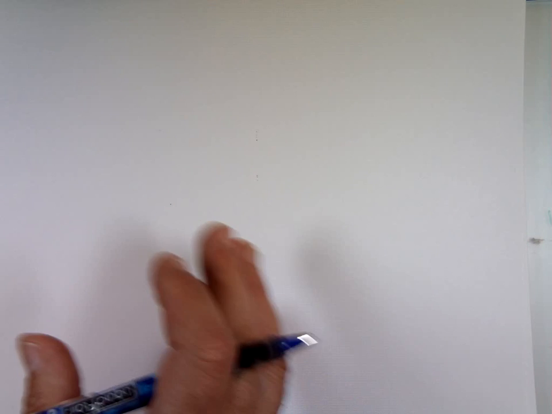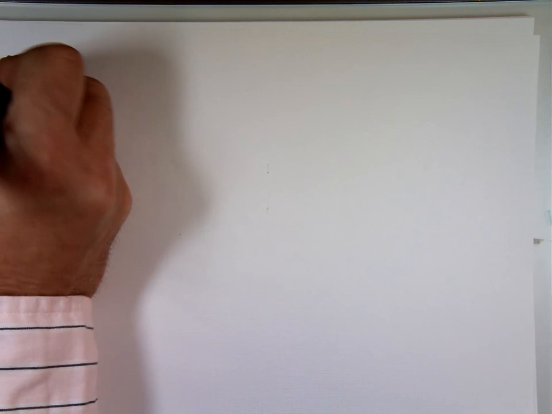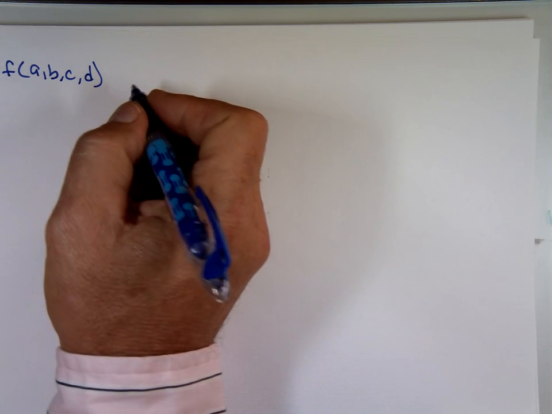So let's take some of these don't cares with 4 variables and go through them. This is a 4 variable K-map, F of A, B, C, and D. I'm in the back of the book. I just grabbed the problem.